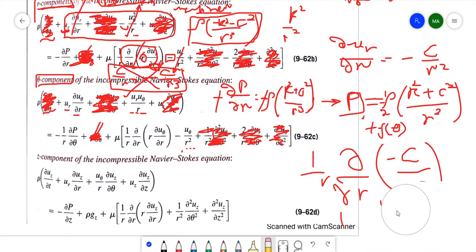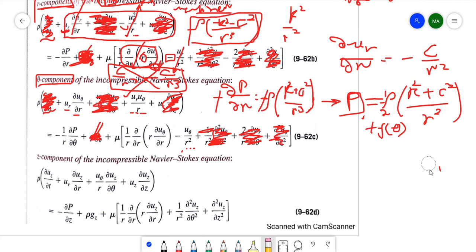Now let us continue and do the same thing exactly for the theta momentum equation to find this function f of theta. Okay, so still we have this here. Now let's evaluate all the terms.